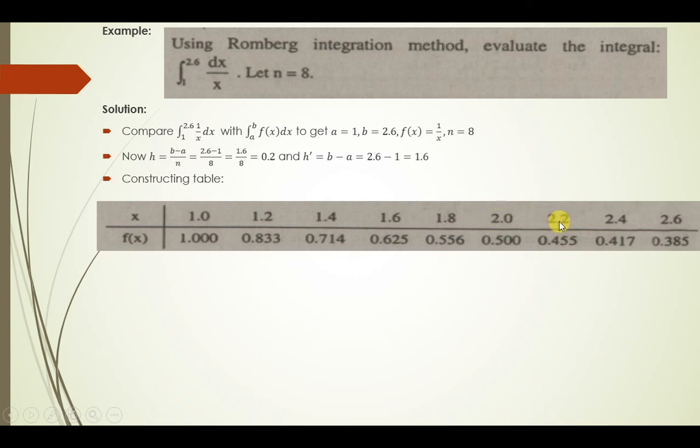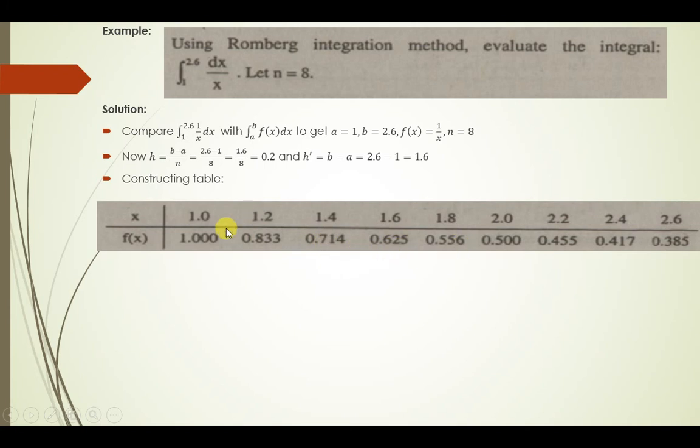Adding 0.2 with this number, you will get 2.4, and then 2.6. And the corresponding value of f of x for this value of x is this one from the table. Whenever you construct the table, you will get f of x equal to 1.000, and so on.